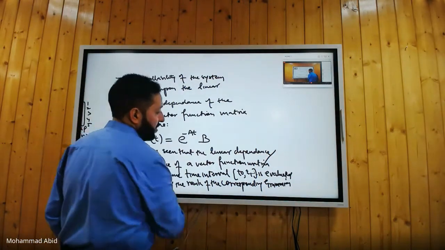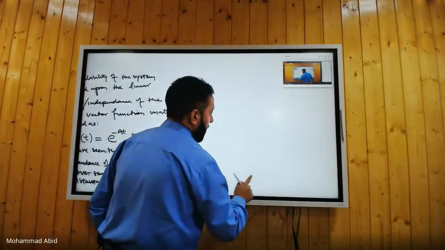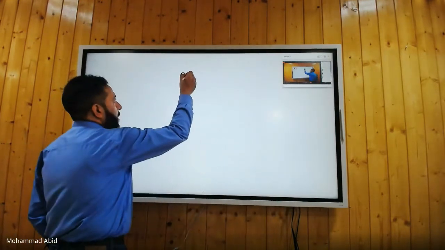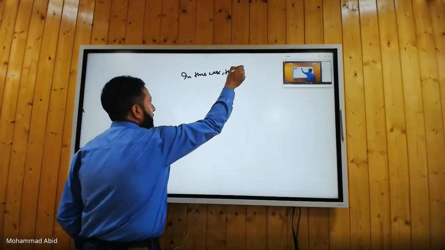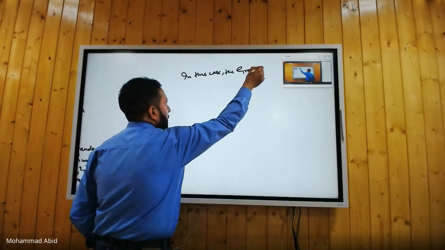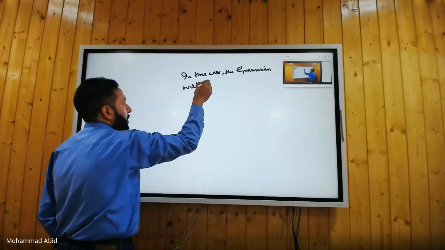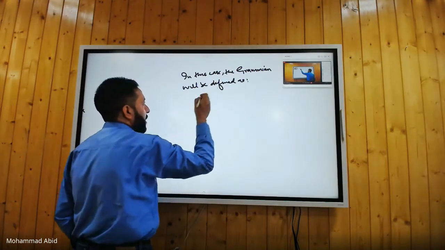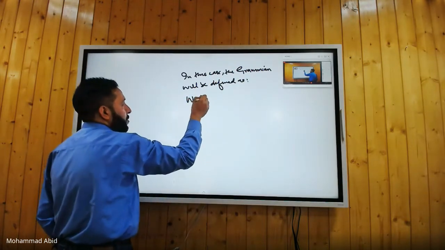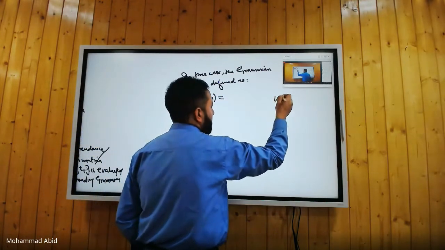So in this case, the Gramian will be defined as W_C(0, t1). ग्रामीण कैसे डिफाइन करते हैं हम?